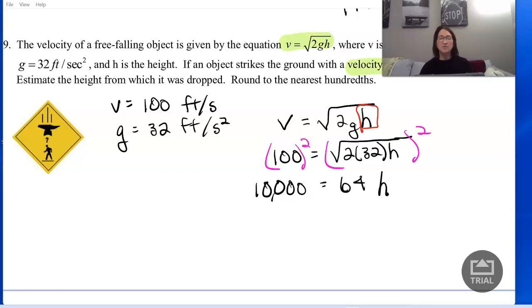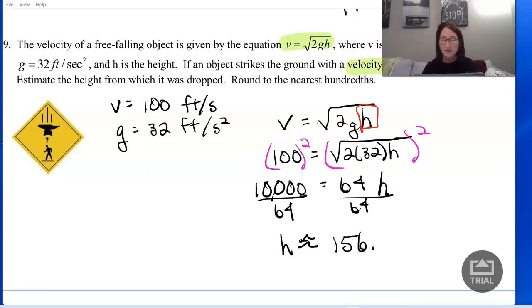Okay, so I'm going to divide both sides by 64, and that will give us an h that is approximately 156.25 feet when we round it to the nearest hundredths place. And that one is done.